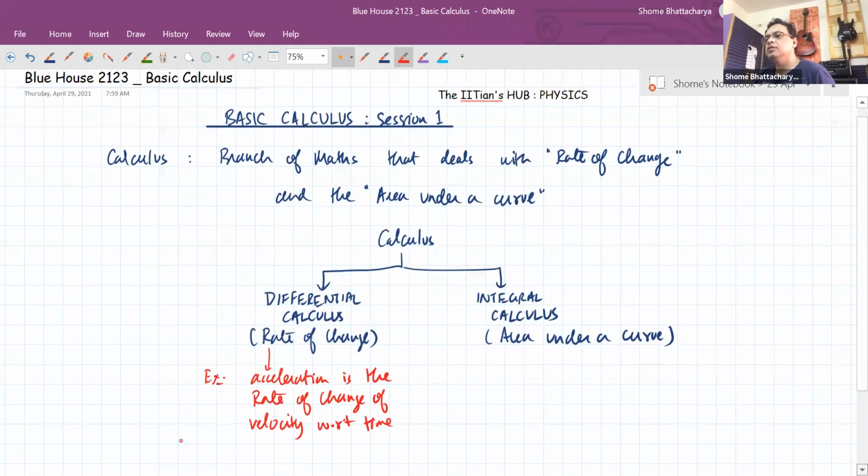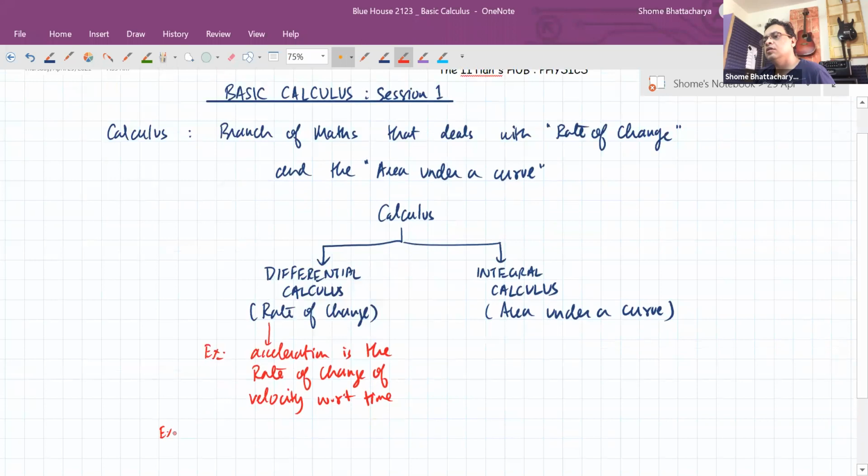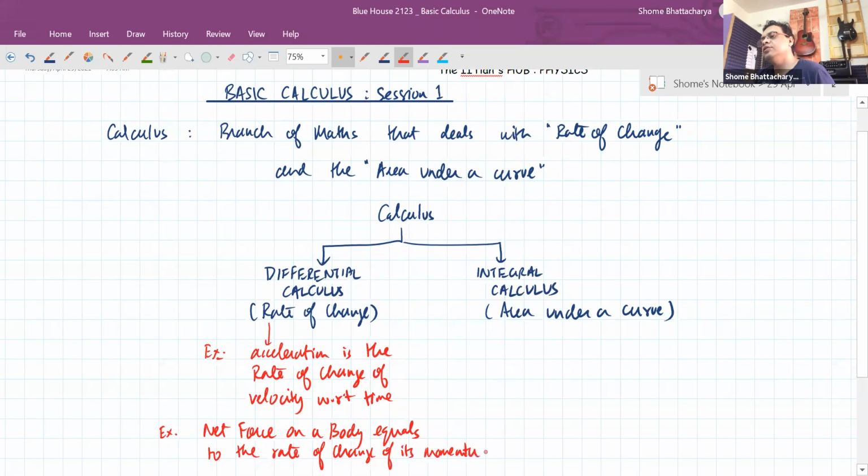Or we say that the net force on a body equals the rate of change of its momentum. That is the statement of Newton's second law.